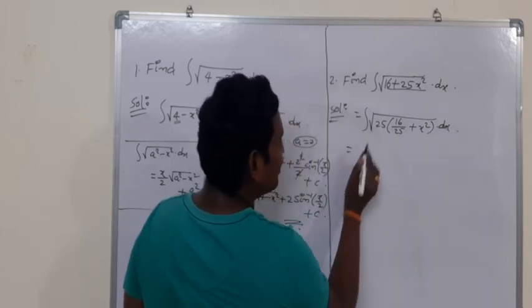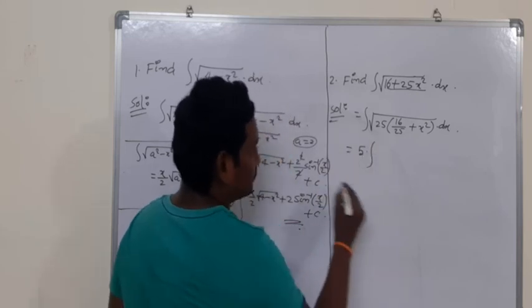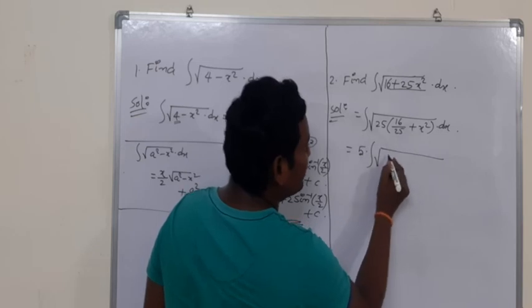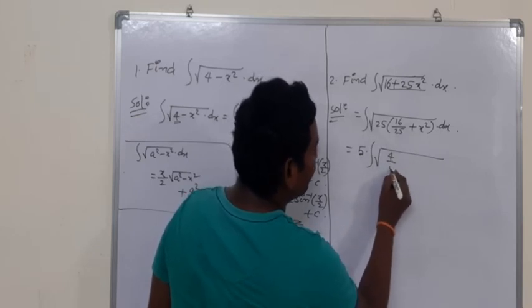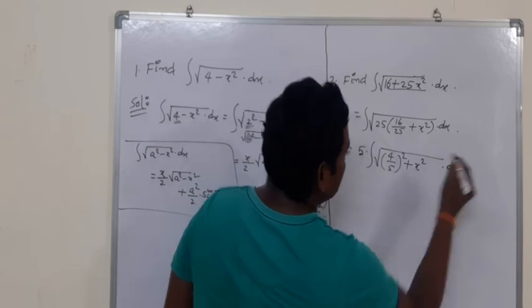But what is root over 25? 5. 5 is the constant term, right outside of the integration. And the remaining part can be written as, how can we express 16 by 25 now? 4 by 5 whole square plus x square into dx.